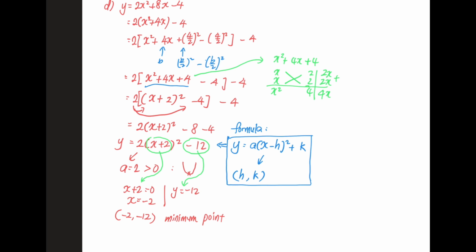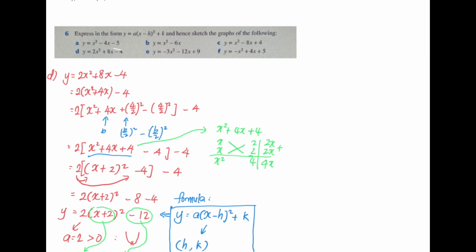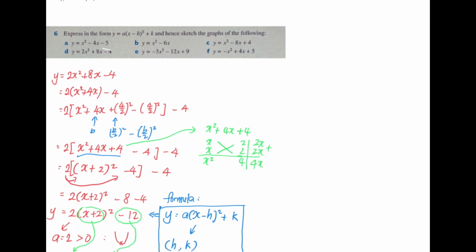Once you get the minimum point, then we can continue with other information like x-intercept and y-intercept. Then we can sketch the graph. So we continue with x-intercept here. To find this, we have to let y equal to 0.